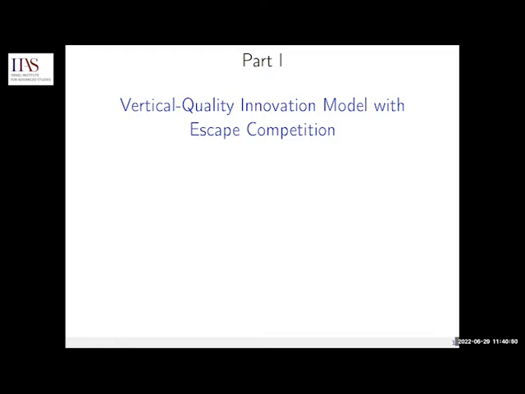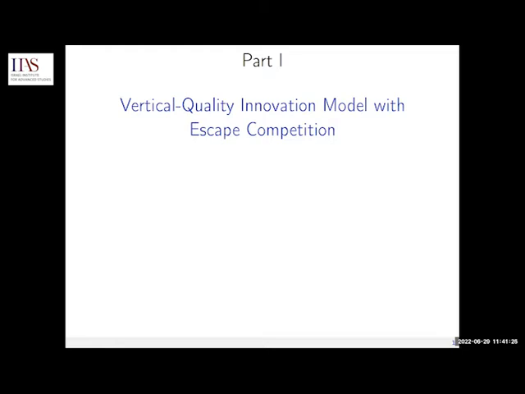You just don't get this Arrow effect, where the follower has this extra incentive to catch up with the leader, and that's going to give you an extra boost to innovation. So that's missing from those models, and I'll show you how you can put that force back in, while still keeping the Schumpeterian forces.